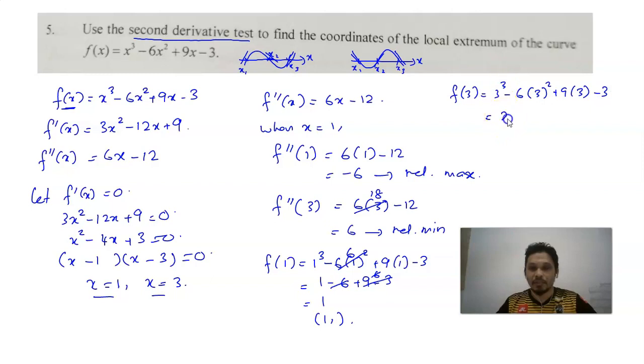Okay, 3 cubed 27. 3 squared equal to 9. 9 times negative 6, negative 54. 9 times 3, 27 minus 3. 3 cubed 27. 27 plus 27, 54. Minus 54 equal to 0, then negative 3. So we come up with the coordinate of 3 and negative 3.